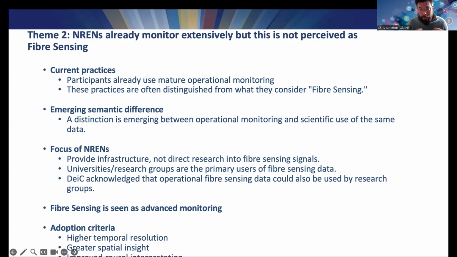From our perspective as the survey runners, we can see that the data that's used and generated can be used both by operational teams and by scientists. It's the same raw data, but there is a distinction emerging within the community between operational monitoring and scientific use of that same data.